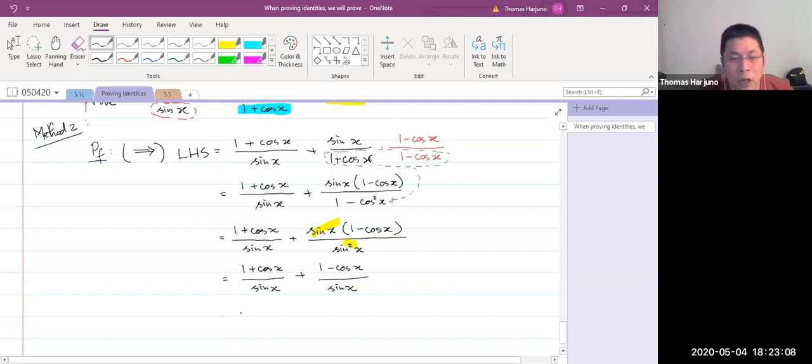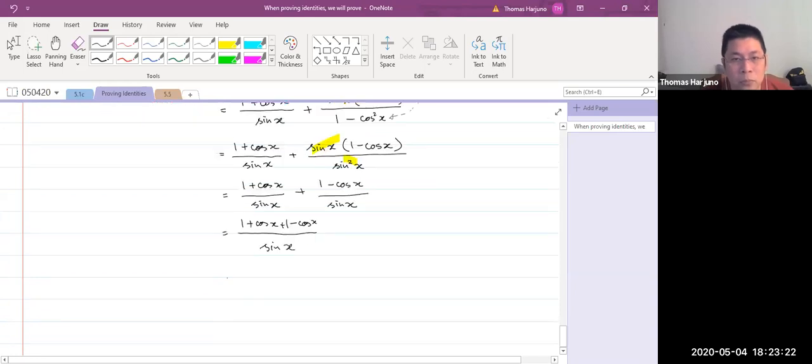Now, once they have the LCD, I can put them together. 1 plus cosine x plus 1 minus cosine x, which will be 2 on the top. 2 over sine x, that's 2 times cosecant x, that's our right-hand side.